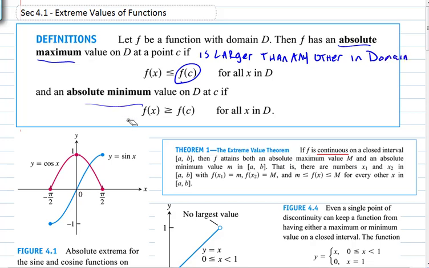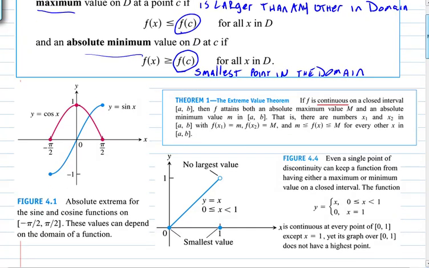The absolute minimum is where this point is smaller than any other point in the domain, whatever the domain of the function is.